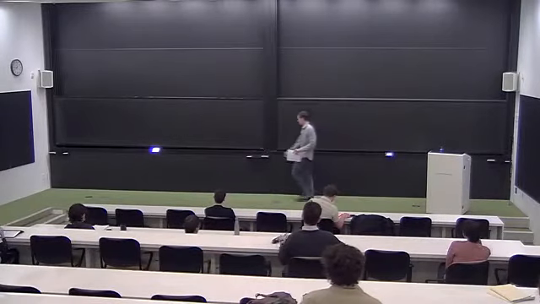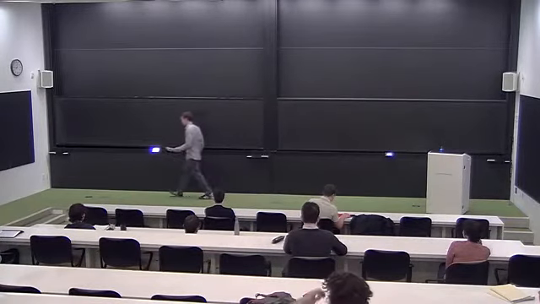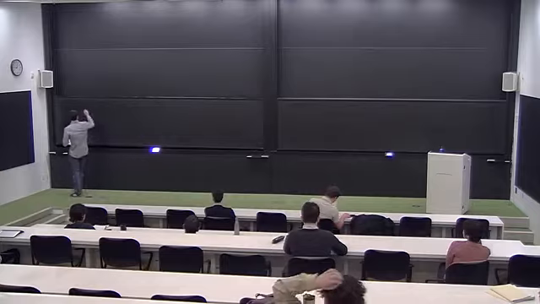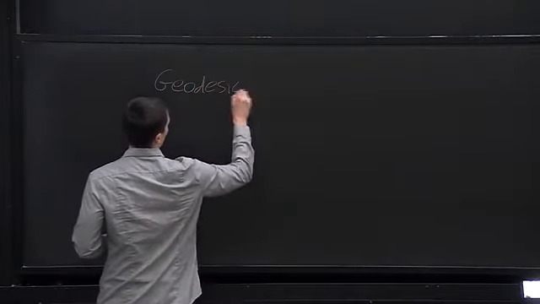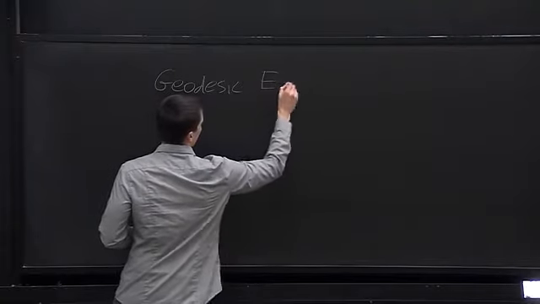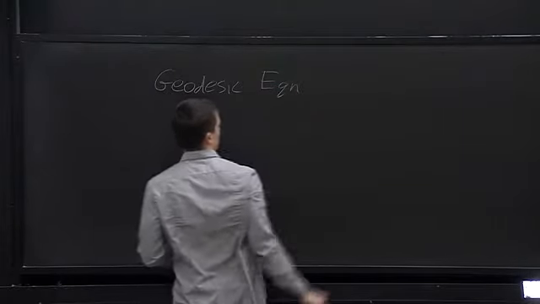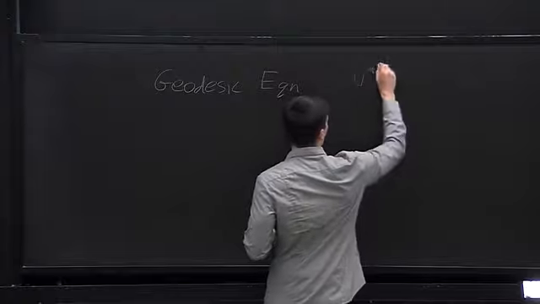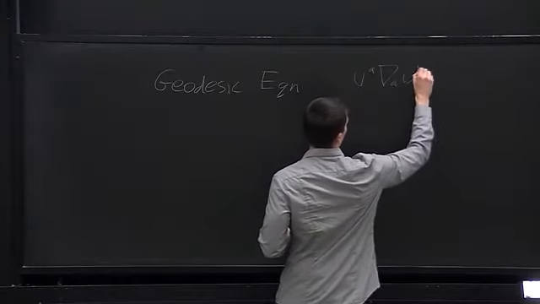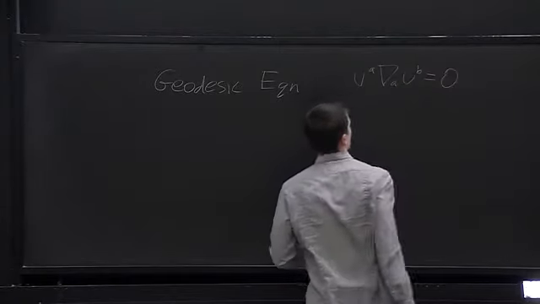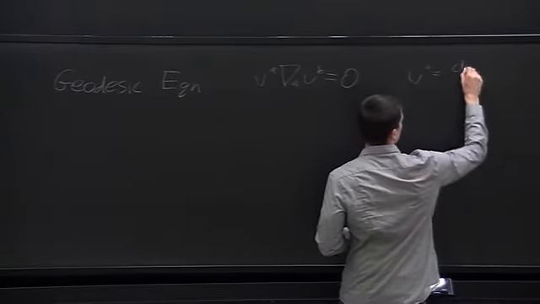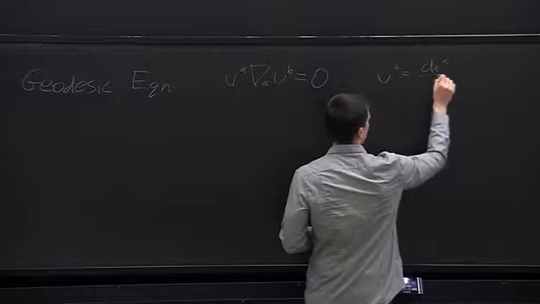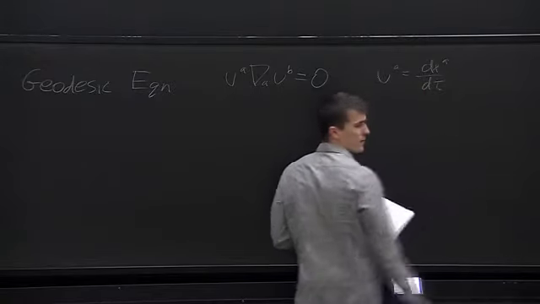So, geodesics. As a reminder, the geodesic equation is just given by this equation, where u is the forward velocity, so it's the derivative of the spatial coordinates with respect to some affine parameter.